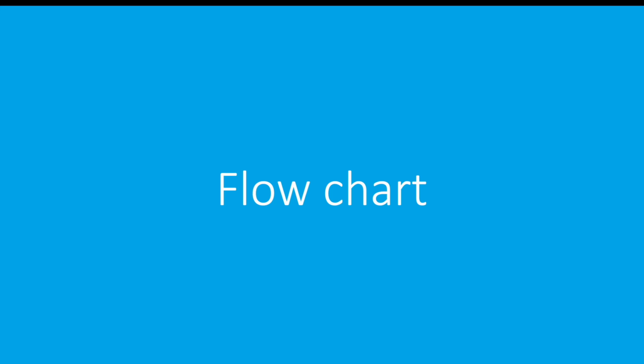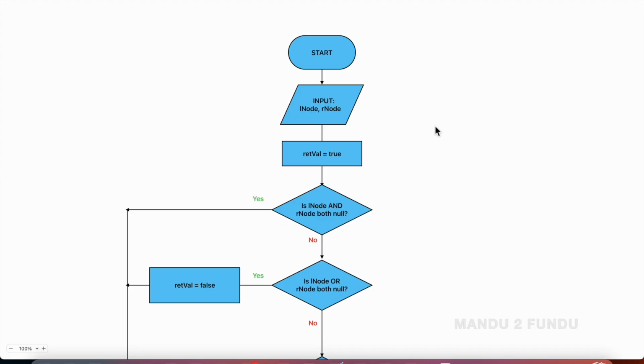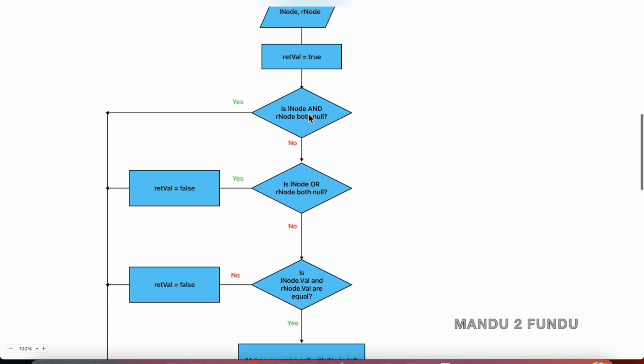Let's look at the flowchart. Input for this procedure is the root of the left subtree and the root of the right subtree. So we call them L node and R node. First we initialize the return value to true. Then we check whether the L node and R node are both null.